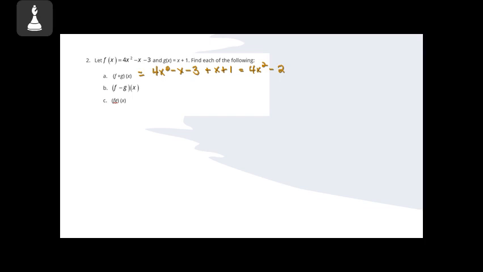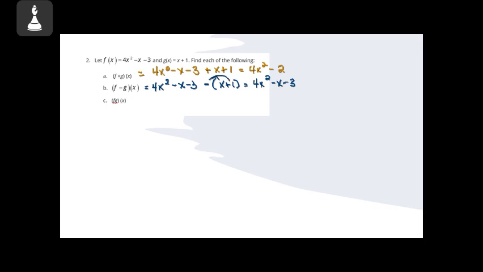B wants us to do f minus g of x. So we're going to write f's function, 4x squared minus x minus 3, and then subtract, in parentheses, x plus 1. So again, we need to make sure we distribute that subtraction sign through the problem. So keeping the beginning the same, 4x squared minus x minus 3, I'm going to distribute in that minus sign.